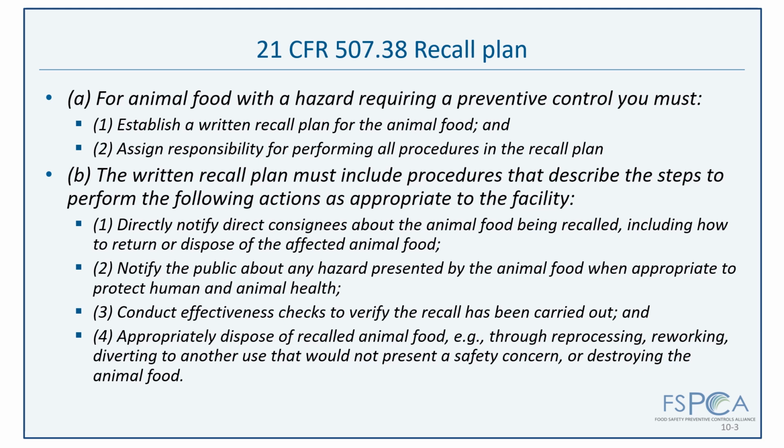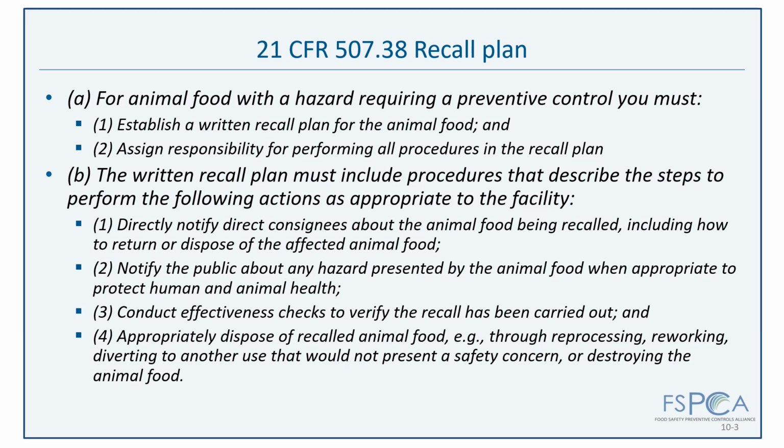The written recall plan must include procedures that describe the steps to perform the following actions as appropriate to the facility. Number one, directly notify consignees about the animal food being recalled, including how to return or dispose of the affected animal food. Number two, notify the public about any hazard presented by the animal food when appropriate to protect human and animal health.